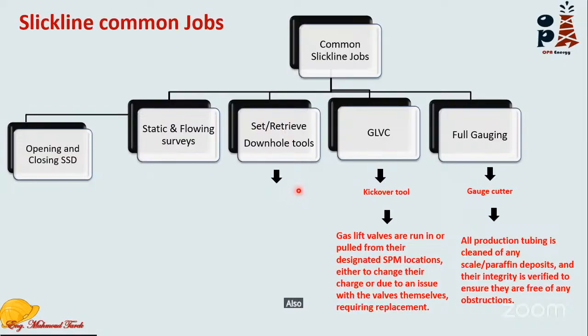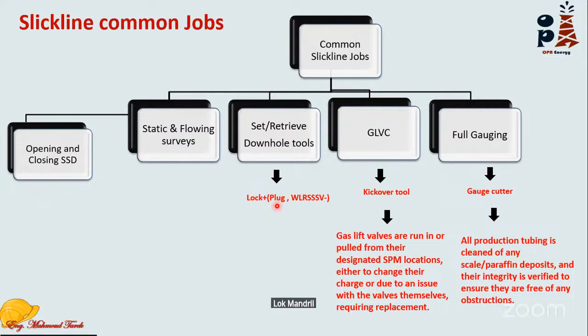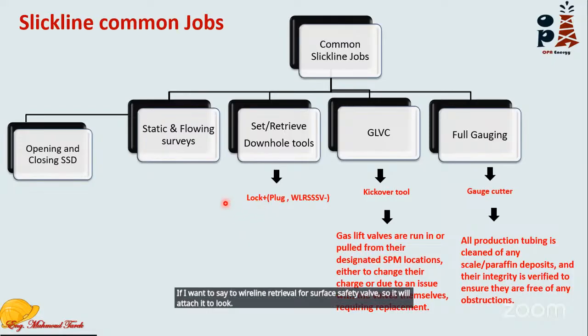Also, to set or retrieve any downhole tools, there is an important configuration that we will see on the next slide, which is the lock mandrel attached to any tool I want to set downhole. So if I want to set a plug, it will be a plug attached to a lock mandrel. If I want to set a wireline retrievable subsurface safety valve, it will be attached to a lock, attached to my PHA.